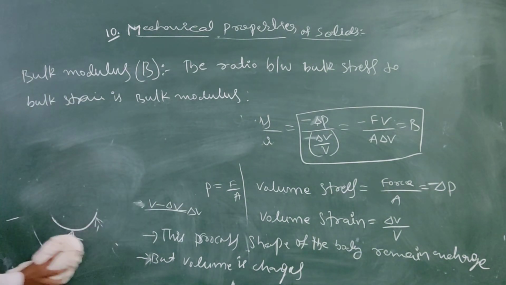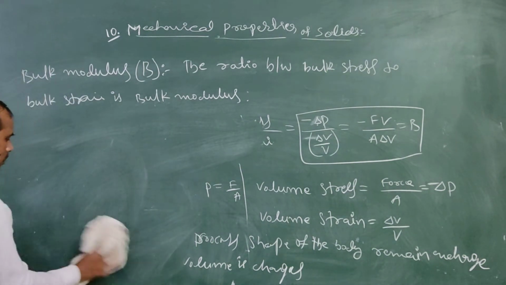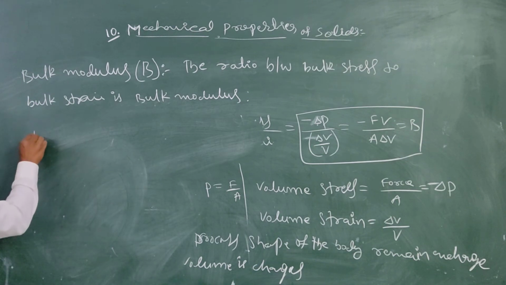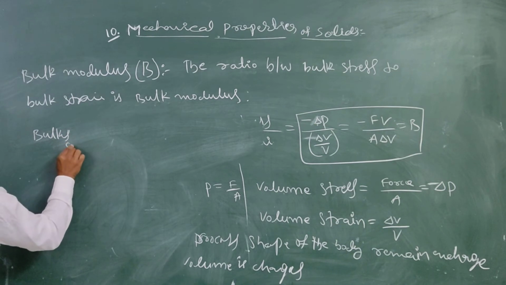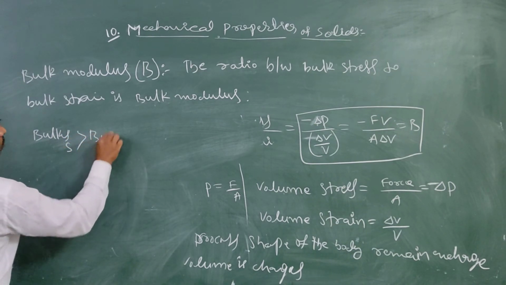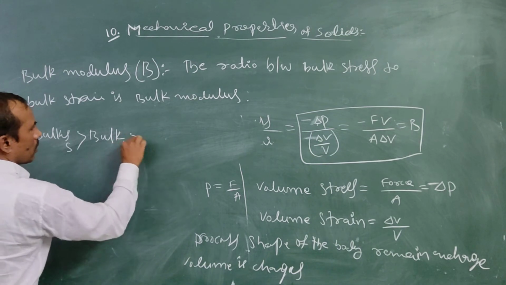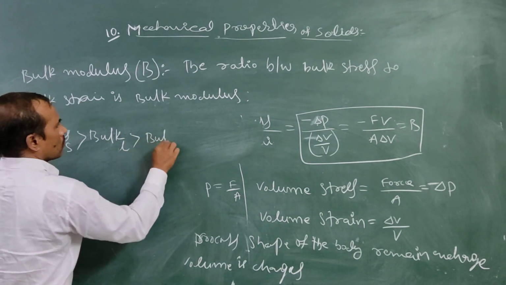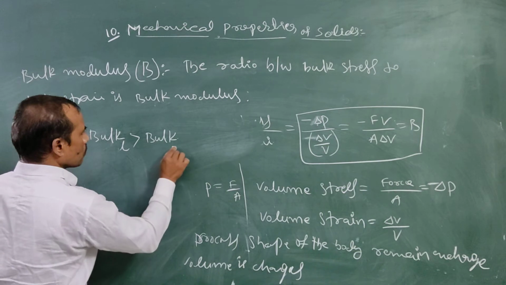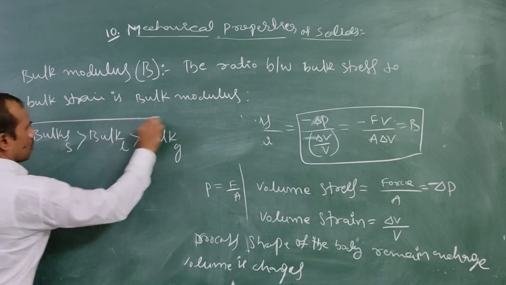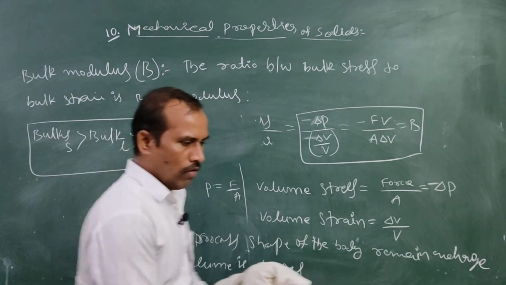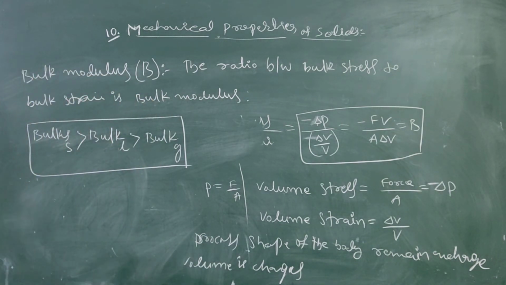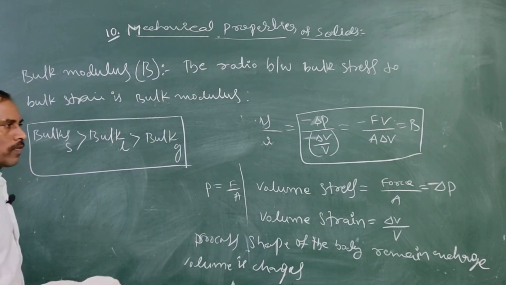Bulk modulus of solids is greater than that of liquids, which is greater than that of gases. This is the main point. Note this one. Next one, the isothermal, note this one.